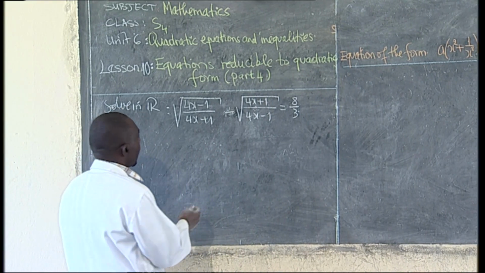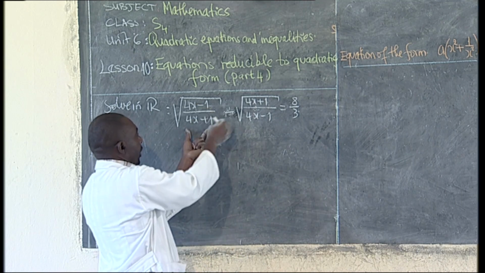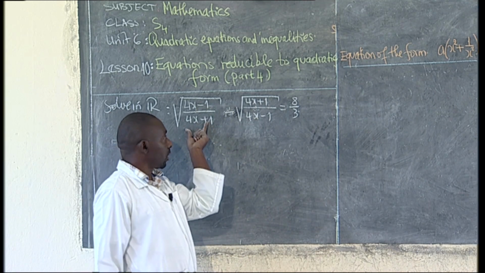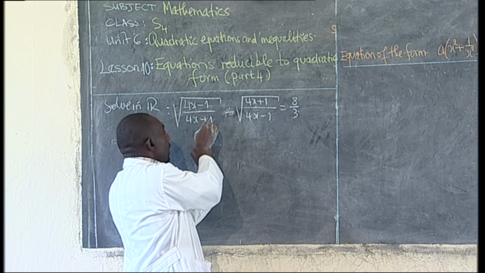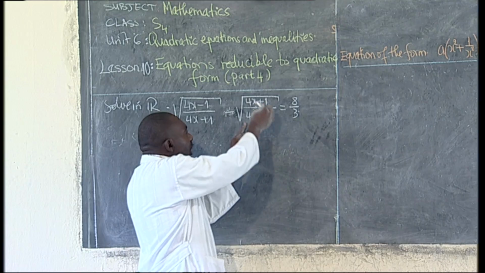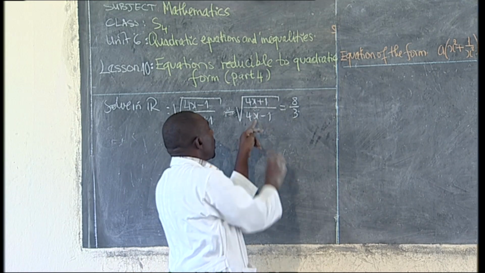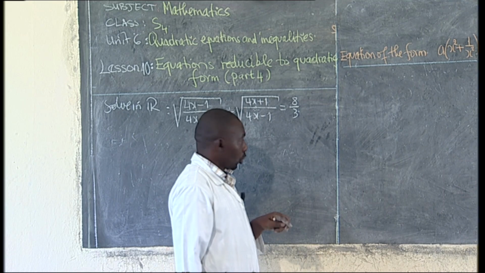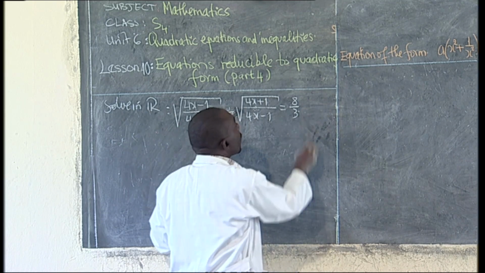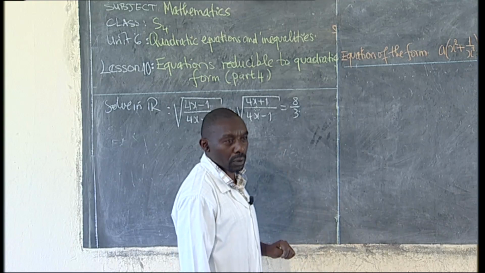Of course, the challenge is at this expression under the radical sign. Here we have 4x minus 1 divided by 4x plus 1. And here we change a bit to have 4x plus 1 divided by 4x minus 1. So we have to bring this equation into one of the forms we saw before.